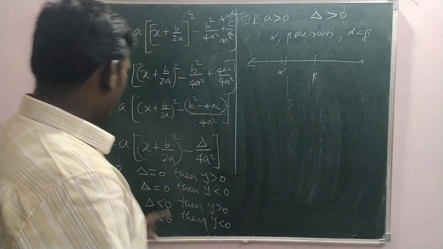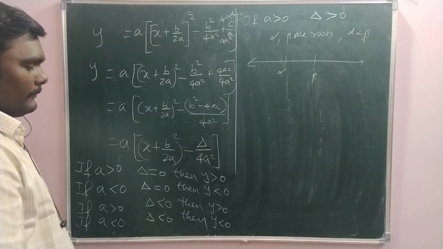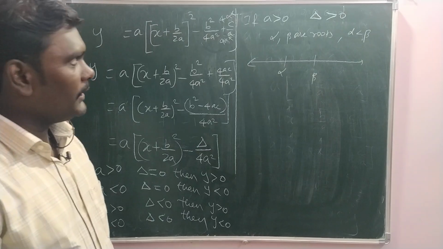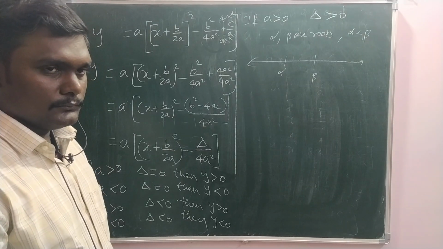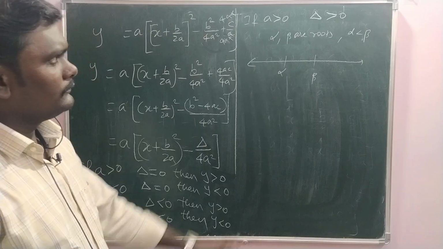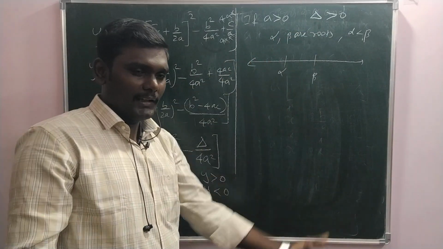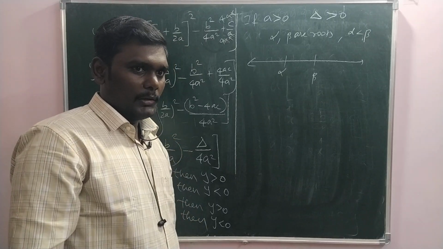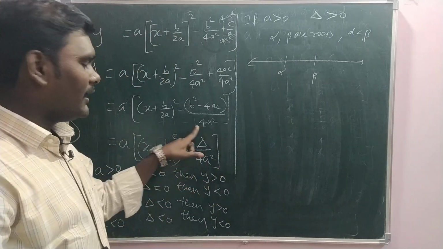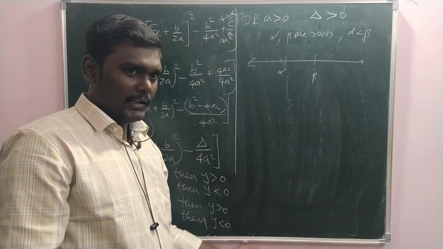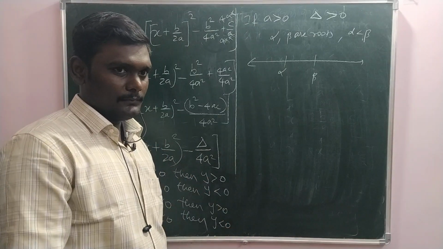See, if del is greater than 0, we can't say anything about it, because whether this could be positive or negative, we don't know. It has different values.